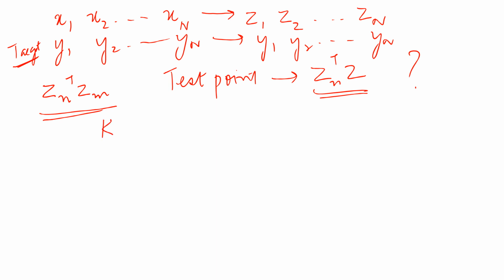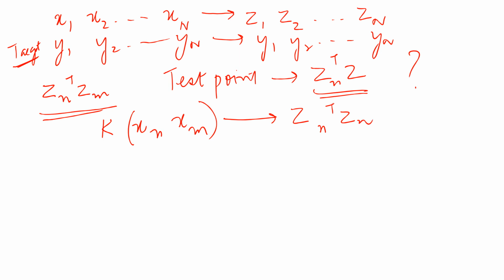What exactly are we doing if we have these kernels that calculate the dot product of xn, xm? My kernel for xn, xm will correspond to the dot product zn transpose zm.